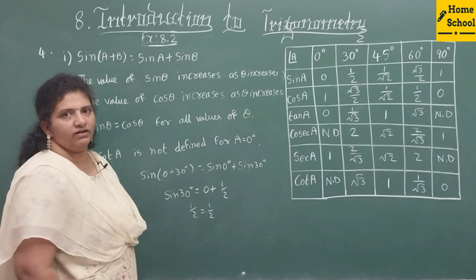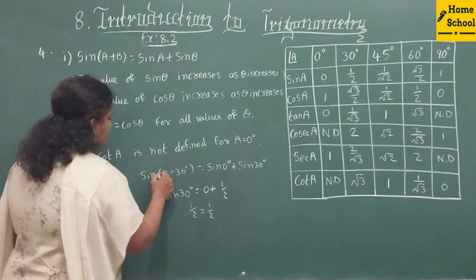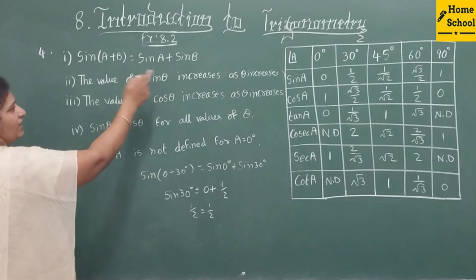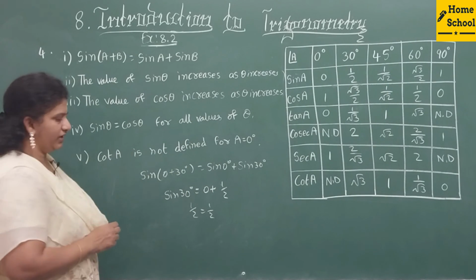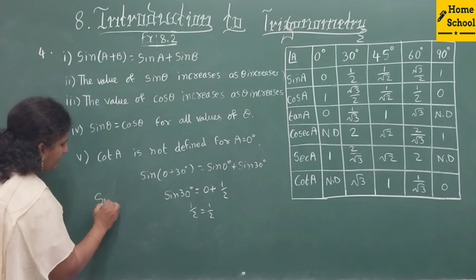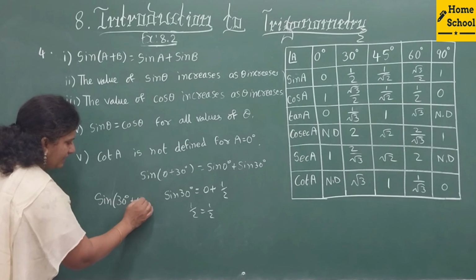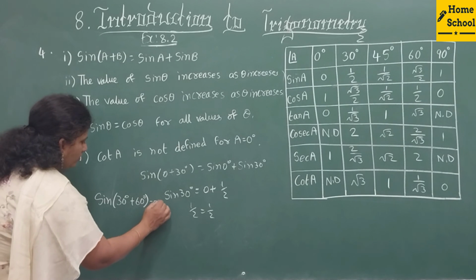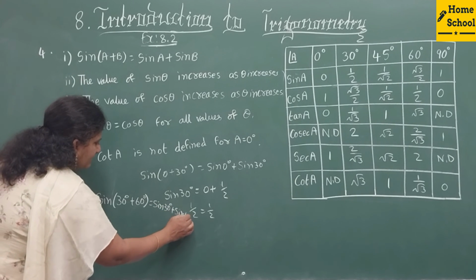Yes, both are equal. Wait a minute. Observe for other angles also. Let me take A value is 30 and B value is 60. Any values you can take. So let me take sine 30 degree plus 60 degree is equal to sine 30 degree plus sine 60 degree.